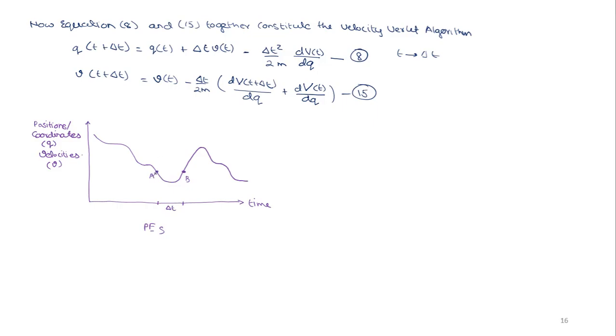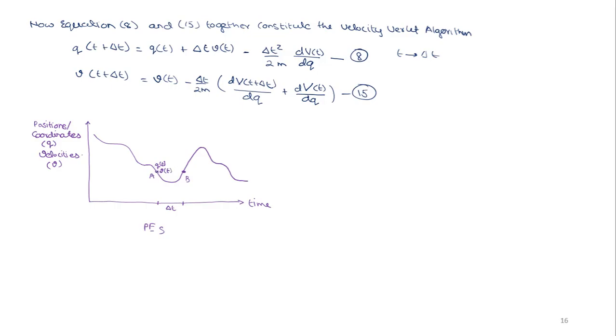So at this point A, we know the coordinates of our protein ligand system at time t, and at the same point A, we also know the velocity of the atoms present in your system at time t.